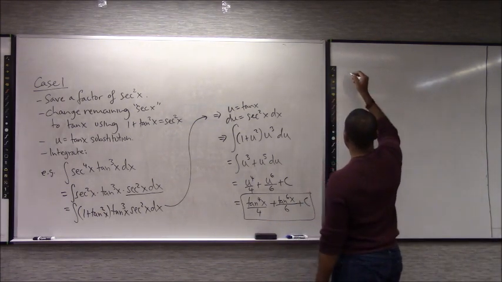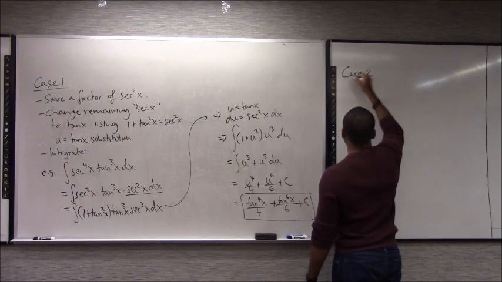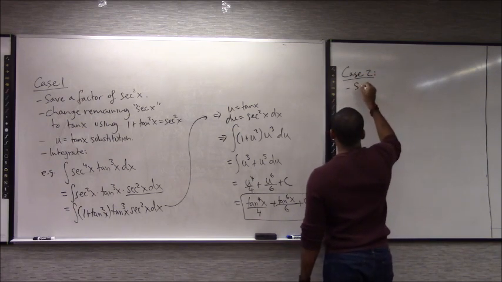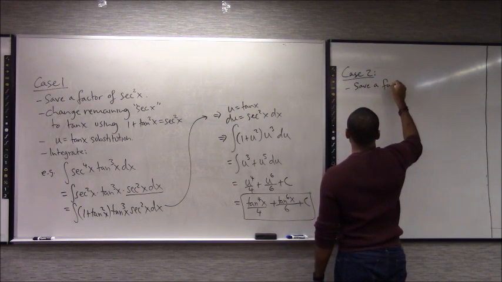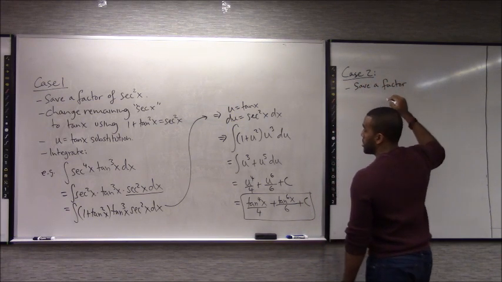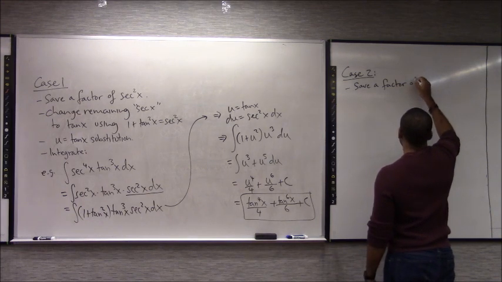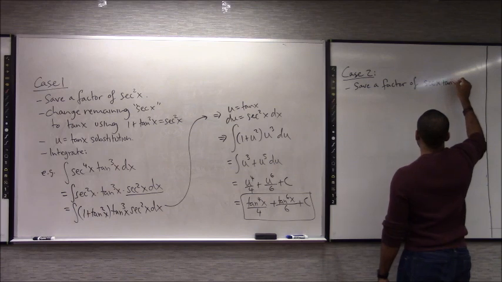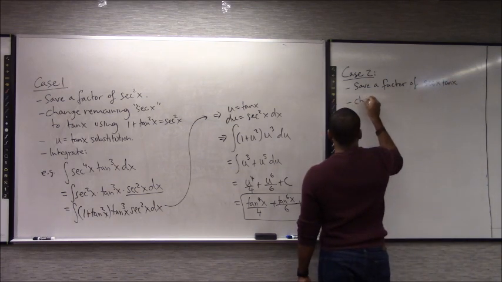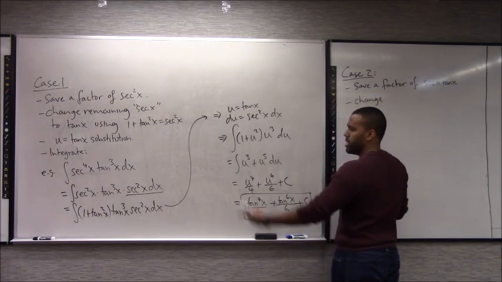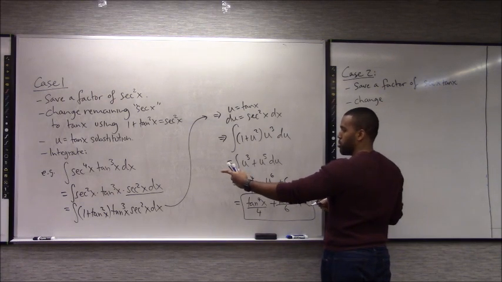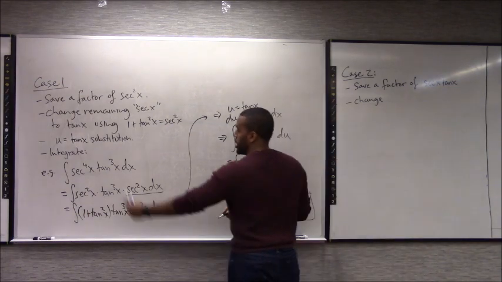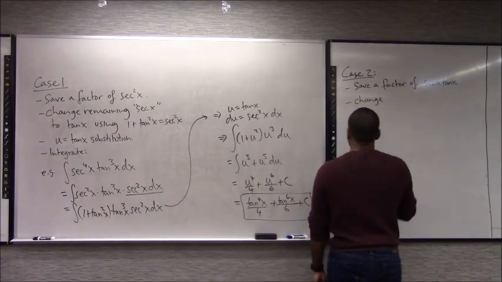If we look at case 2, basically you're going to save a factor of secant x tan x. This one actually happens to be a problem that you can use either case 1 or case 2 to look at, because case 2 has the tangent being odd and a secant actually showing up.